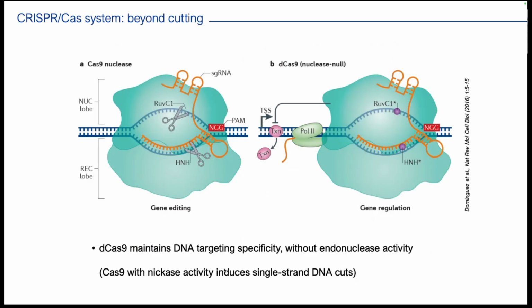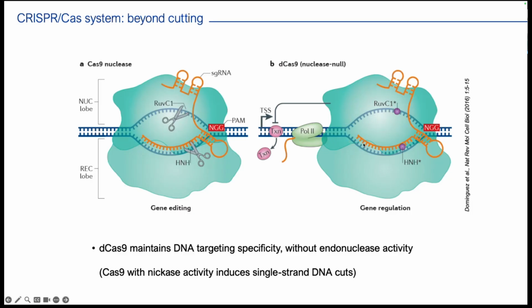Now, even more interesting than the CRISPR itself that cuts is the adaptations that were made afterwards, generating a dead Cas9. So by mutating these two nucleolytic sites in the enzyme, this dead enzyme was created.